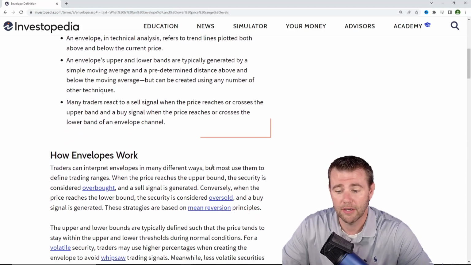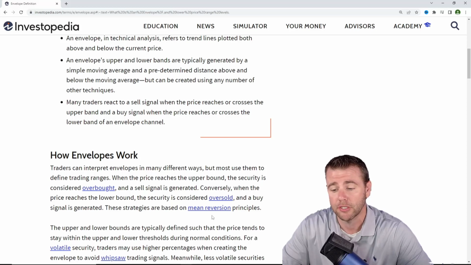So here we get into talking about how envelopes work. And just like we talked about with Bollinger Bands, these strategies are really based upon a mean reversion principle, meaning that whenever the price gets above or below that band, it tends to revert back to the mean, or come back towards that 20-day simple moving average.